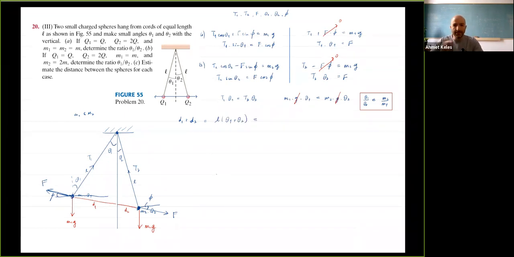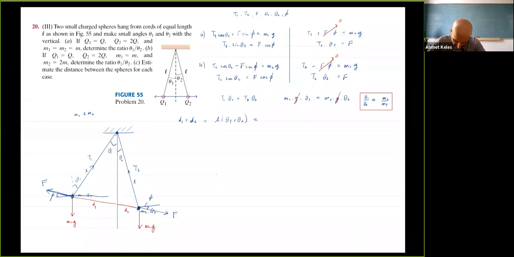So I need to find something to write this, and for this I need the only thing that I didn't use, which is the electric forces. In the electric forces, you can look at any angle here, for example this one.